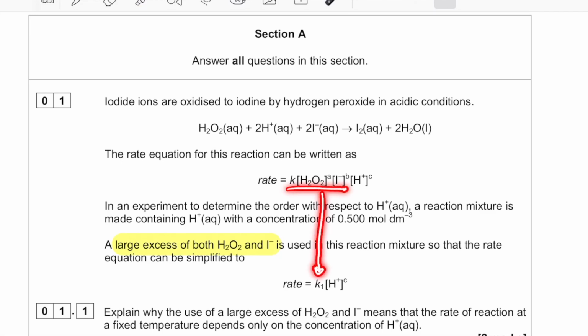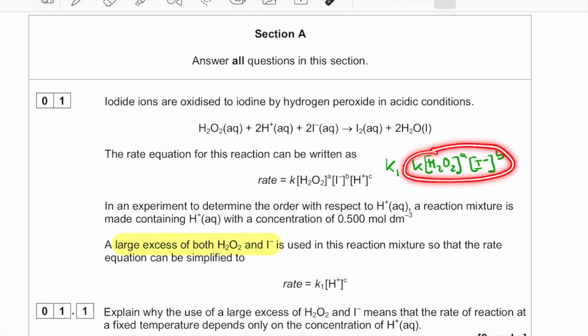And if you think about it, when you compare those two rate equations, and they've said it's been simplified, then what they're saying is that K1 equals K, the concentration of the hydrogen peroxide to the power of A, and then the concentration of iodide to the power of B. So all of this is found here in our K1, because if you compare what you've got here to what you've got here, it must be all in that K1 there.